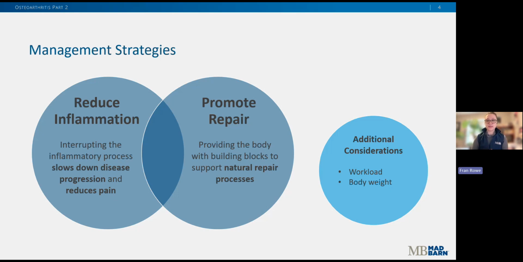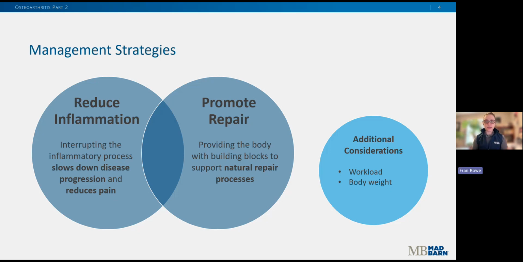It's really important to realize that osteoarthritis is a manageable condition, but it doesn't have a definitive cure. We can certainly slow down disease progression. We can improve the horse's comfort. We can promote repair in the joint, but we really can't reverse the changes that have already happened and go back to a normal joint.